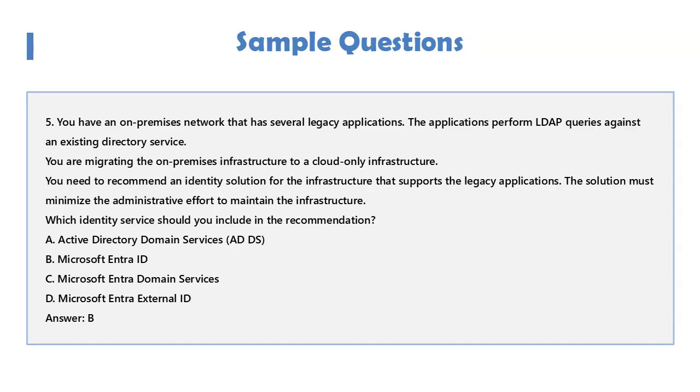The solution must minimize the administrative effort to maintain the infrastructure. Which identity service should you include in the recommendation? A. Active Directory Domain Services, ADDS. B. Microsoft Entra ID. C. Microsoft Entra Domain Services. D. Microsoft Entra External ID. Answer: B.